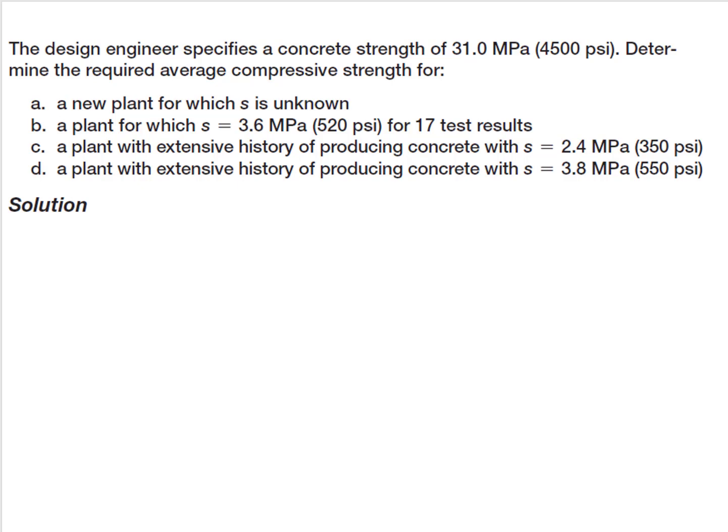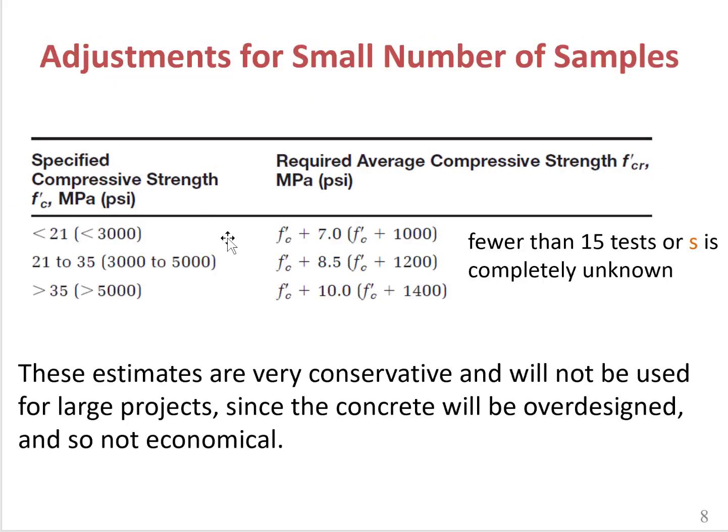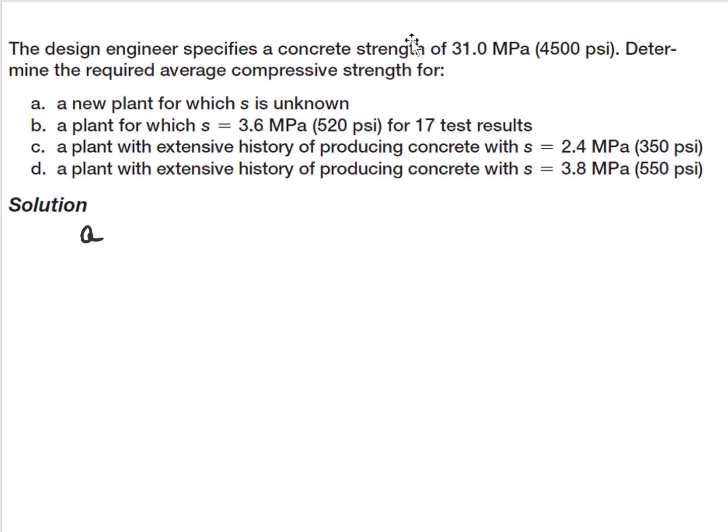Okay, so let's see the first case. Since it's a new plant for which S is completely unknown, then we need to use the formula in this table, right? So we need to decide which formula to use. So we need to compare the specified compressive strength f'c with 21 and 35. So the specified value is 31 MPa.